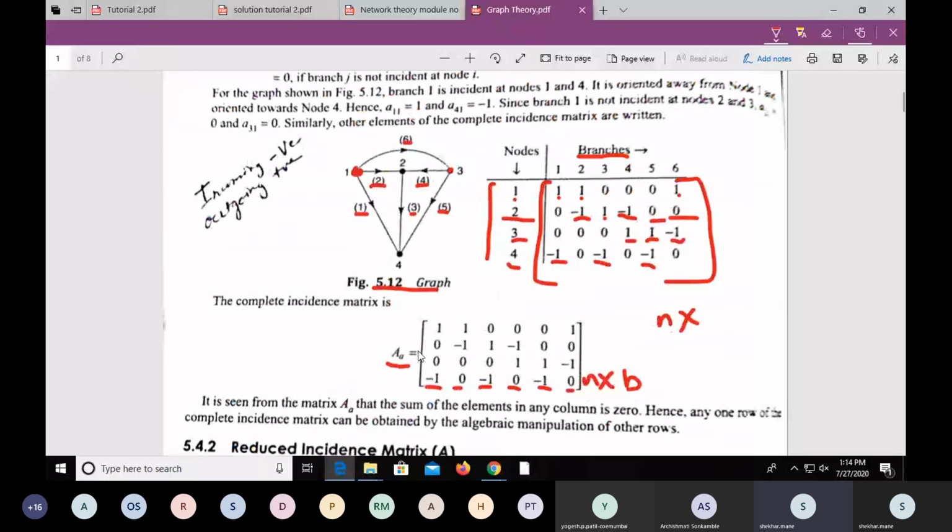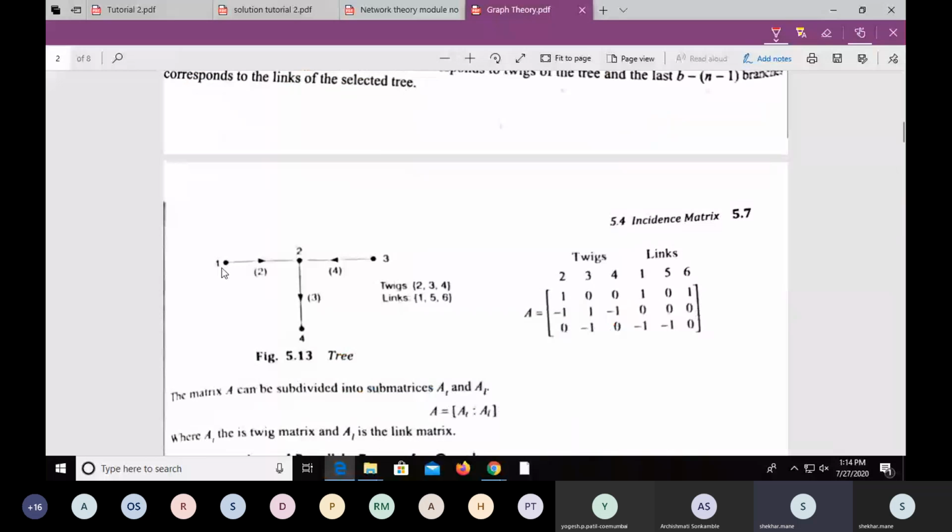Now if we take a tree of this 5.12 graph, here we have taken this tree, 1 2 3 4, and this is one tree of the above graph.